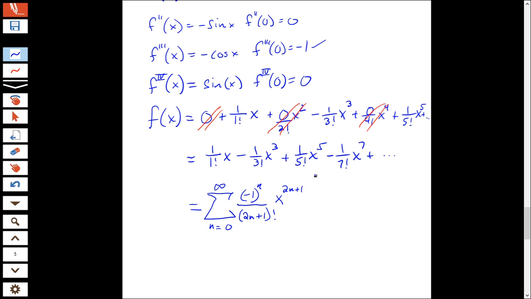So that is my general term for this. You can plug in 0 and see that it works, and then plug in 1, works, and so on. So this is the Maclaurin series for that.